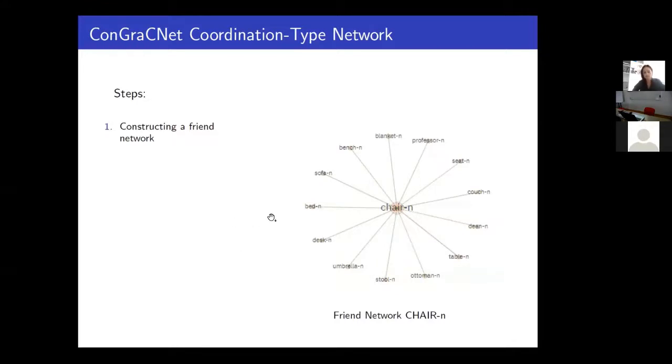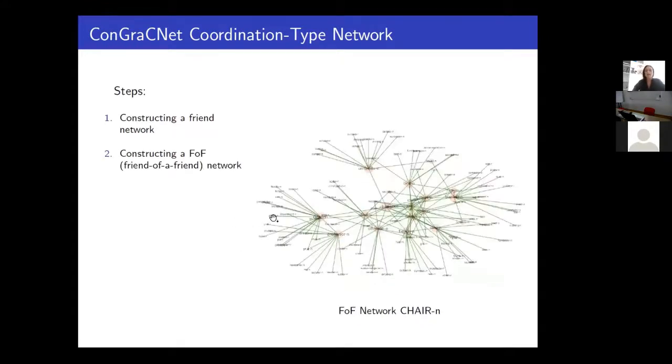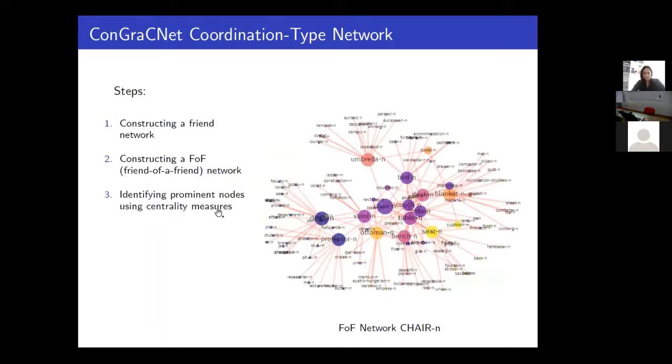So first we construct a friend network, then a friend of a friend network by merging friend networks of the main nodes. Then we identify the most prominent nodes in the graph by using some graph centrality measure, and this is reflected here in the size of the label of the node and in the dot size.